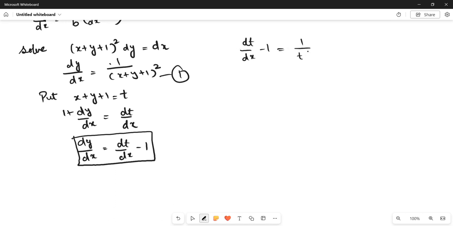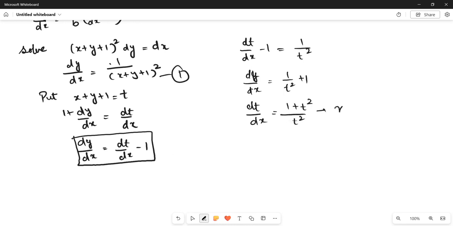Here is 1 by t square. After that, dt by dx is 1 by t square plus 1. Further, how can we solve it? dt by dx is (1 plus t square) divided by t square.